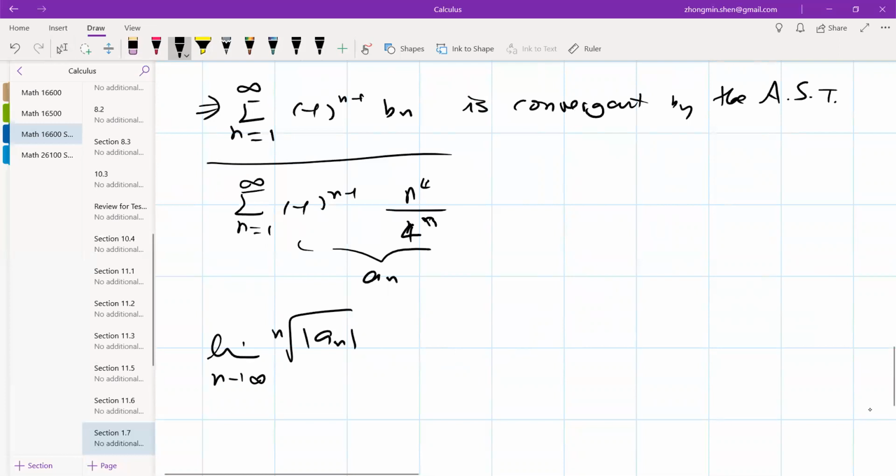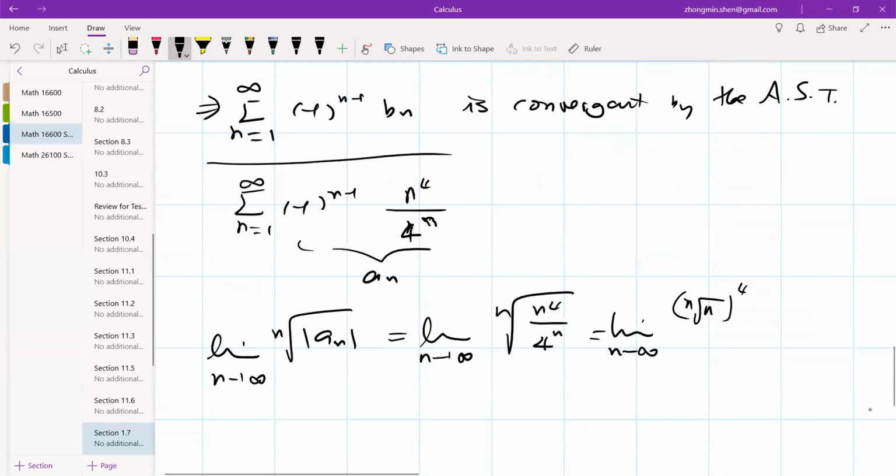So look at the limit of the nth root of the absolute value of a_n, the negative sign is gone. The nth root of n to the fourth power is the nth root of n to the fourth power. And the denominator is 4.